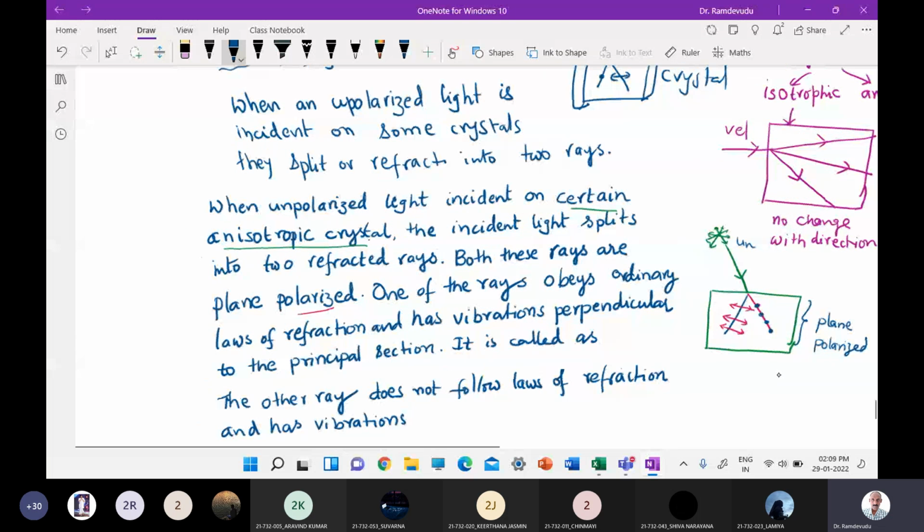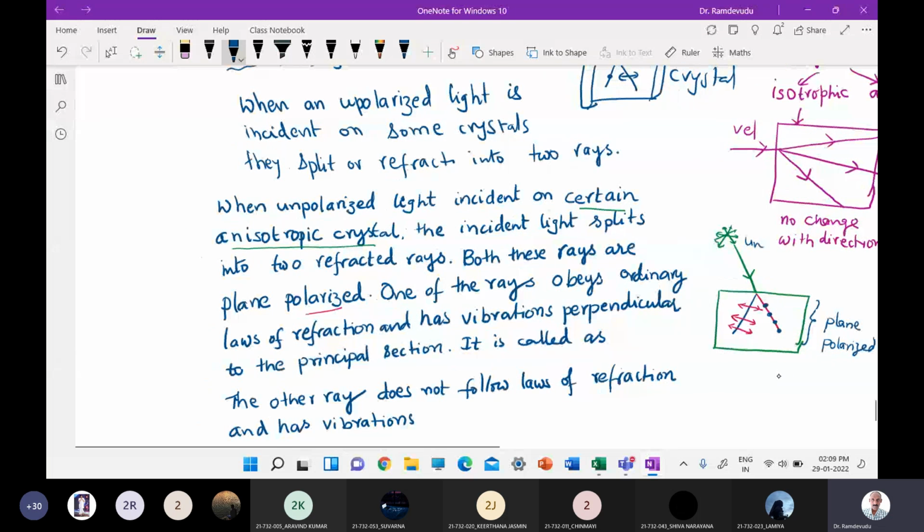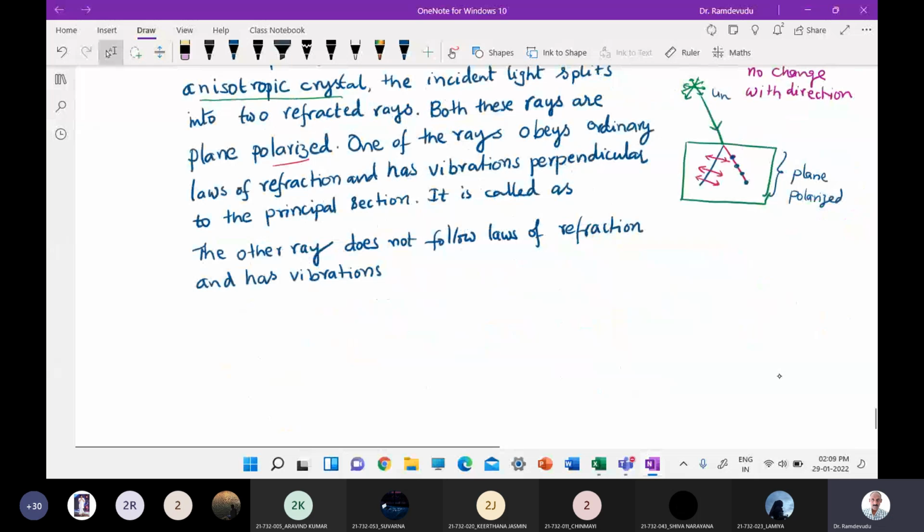Within the crystal, the incident ray will be divided into two beams, and both these are plane polarized.